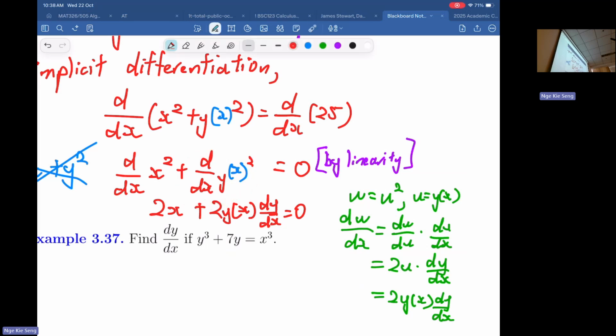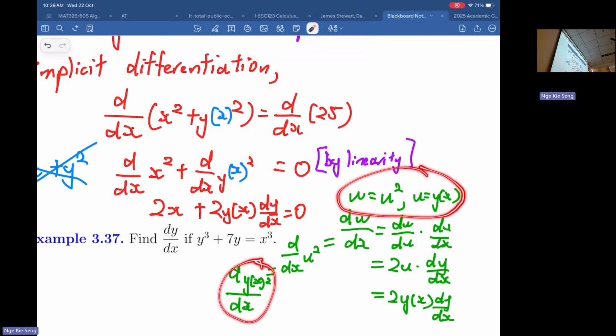So what's dw over dx? Actually it's d of u squared over dx, which is equal to d of y(x) squared over dx. This is what we want to compute. Okay, so this suggests how we set up the chain rule, and once we set it up, we will use the chain rule.